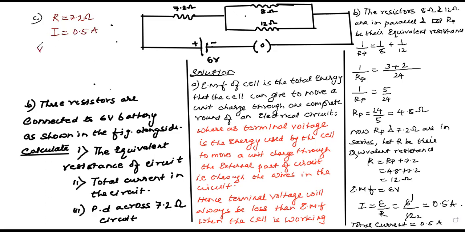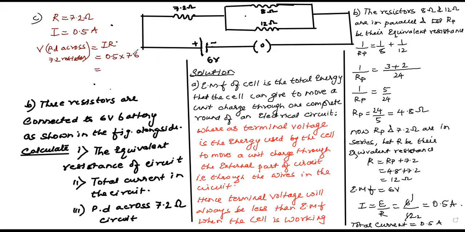So naturally, V, this V is nothing but PD across the 7.2 resistor, is V is equal to I into R, children. So what is this? R is 7.2 and I is 0.5, so 0.5 into 7.2. So how much do you get?